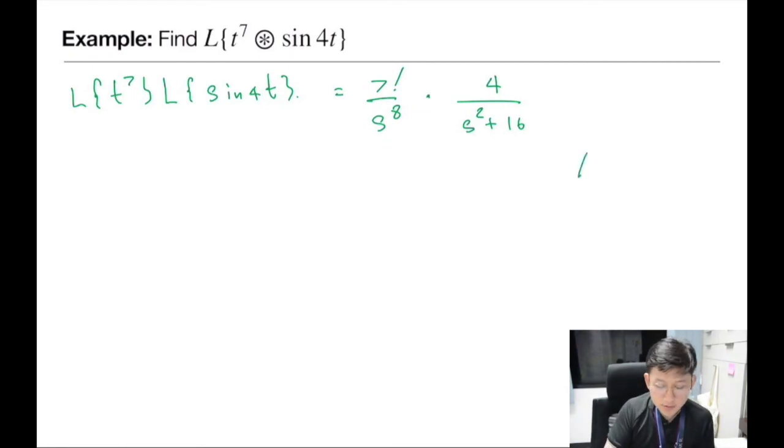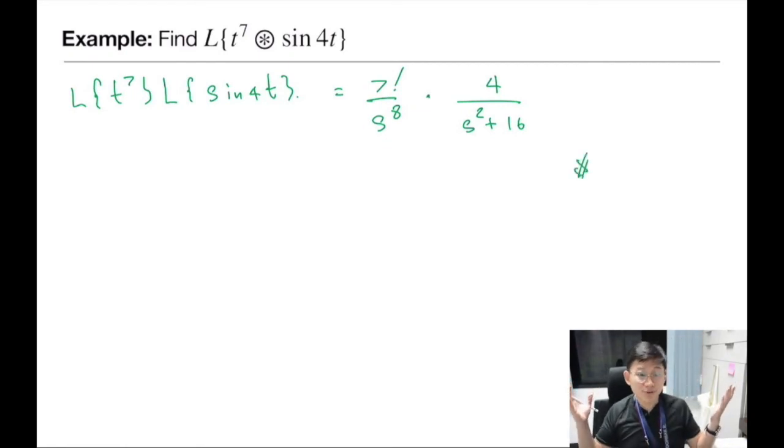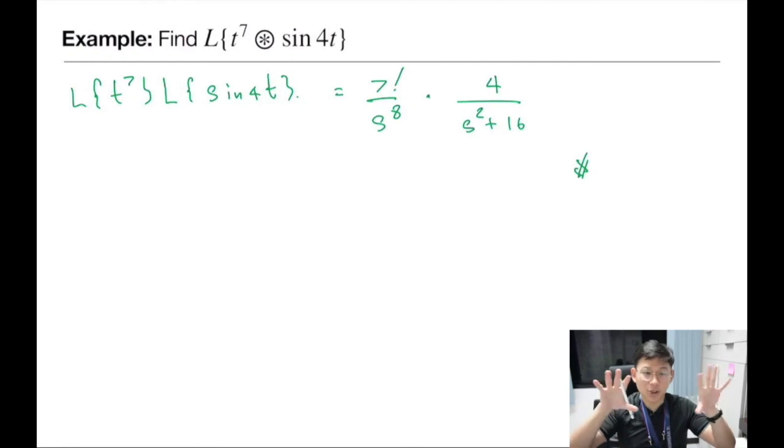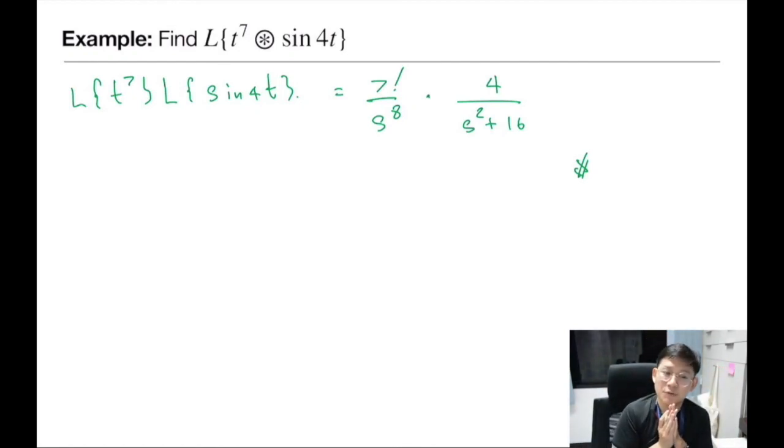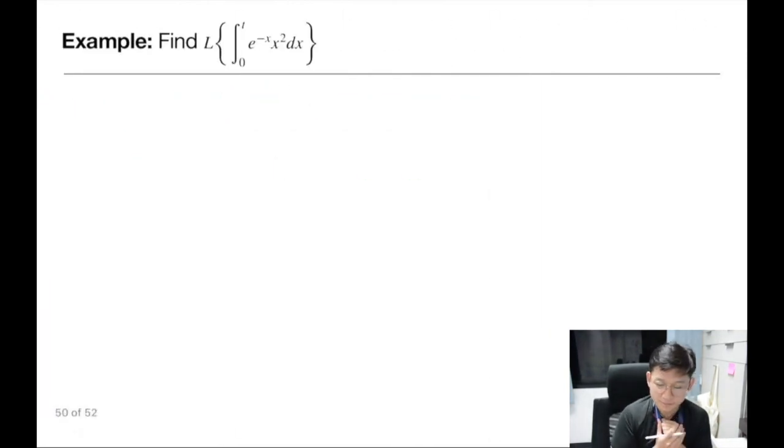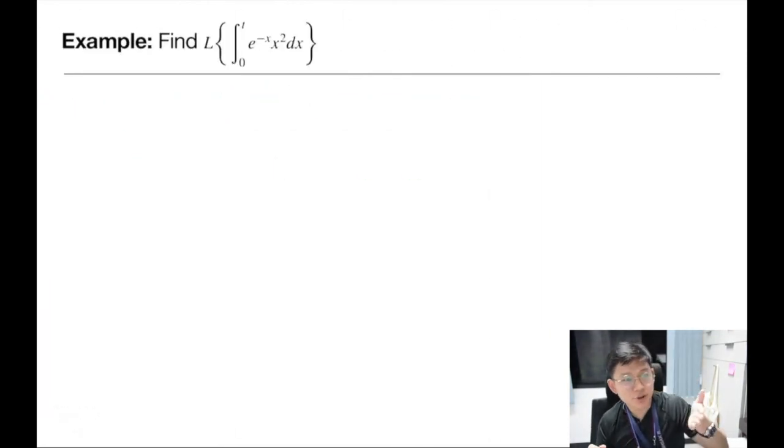And that's it. Done. Simple, right? For the Laplace transform of a convolution, you can split the Laplace transform.